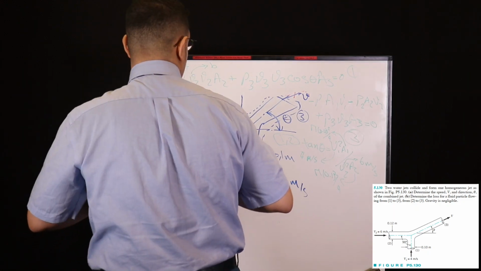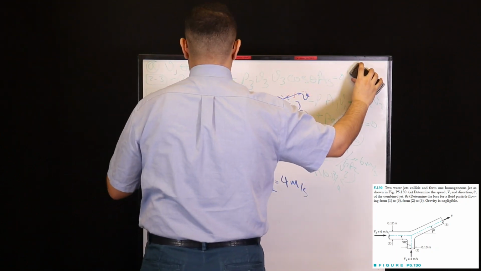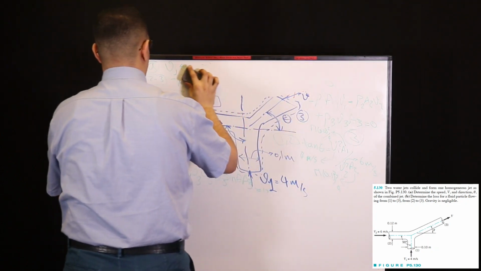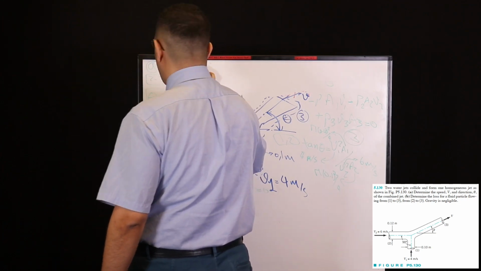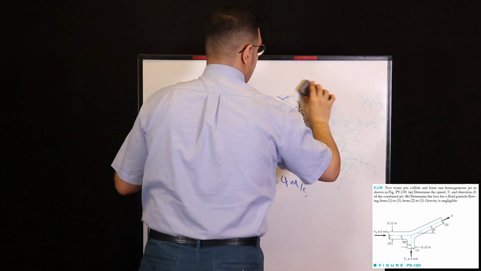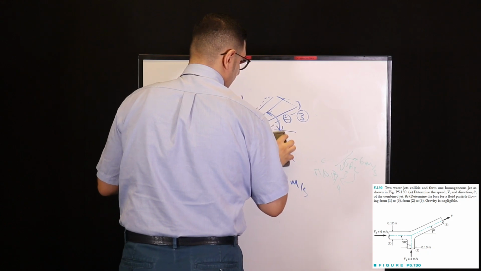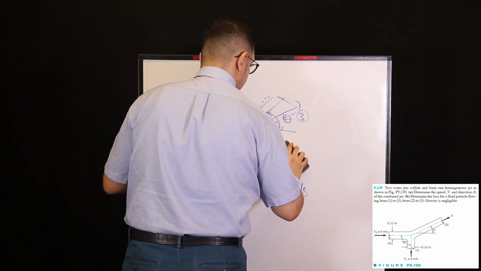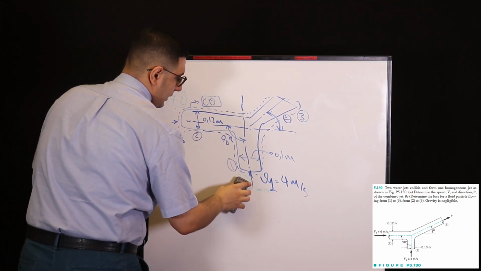So we can identify the V3 at the outlet based on having theta and the combination of equations 1 and 3. Let me have this erased.